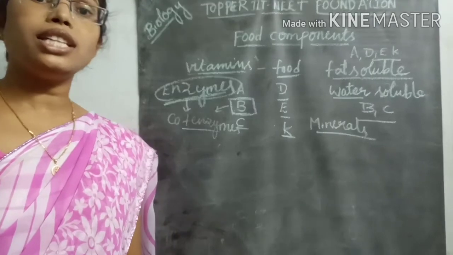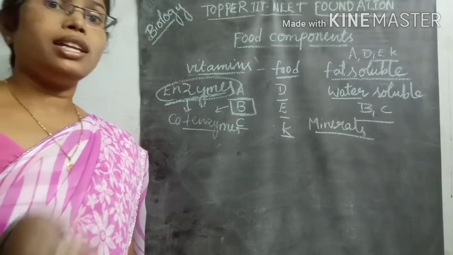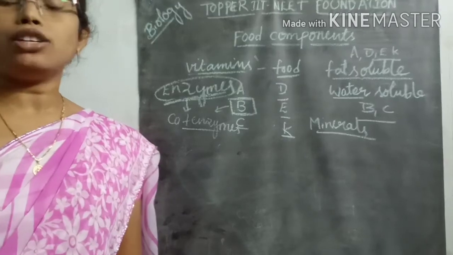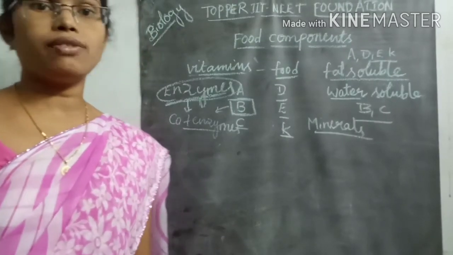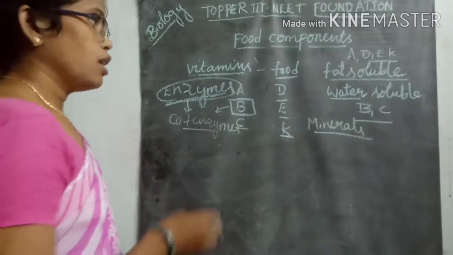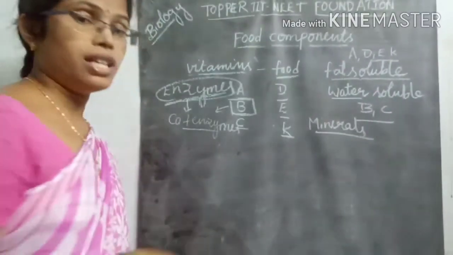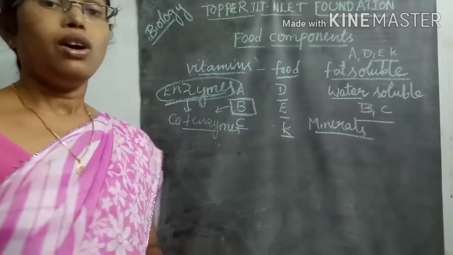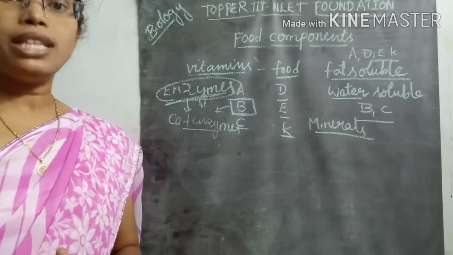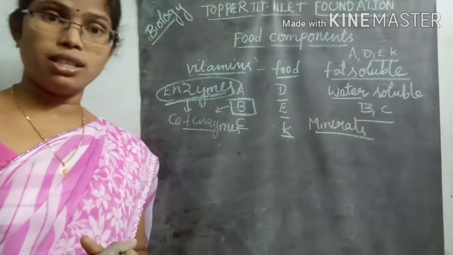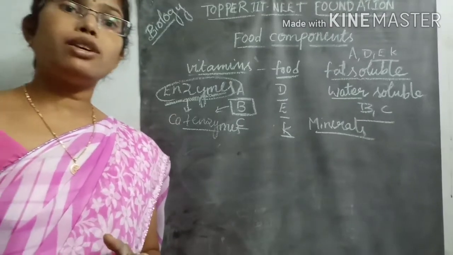The enzymes act on a substrate molecule to convert it into products, so the enzymes are very functional. With the presence of these minerals and vitamins, only then are the enzymes active in nature. Without these minerals and vitamins, the enzymes are inactive.